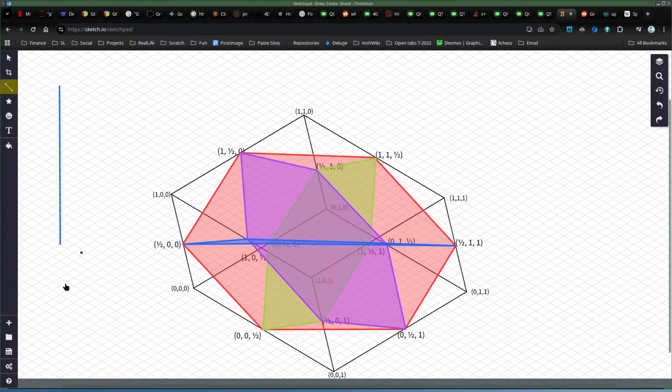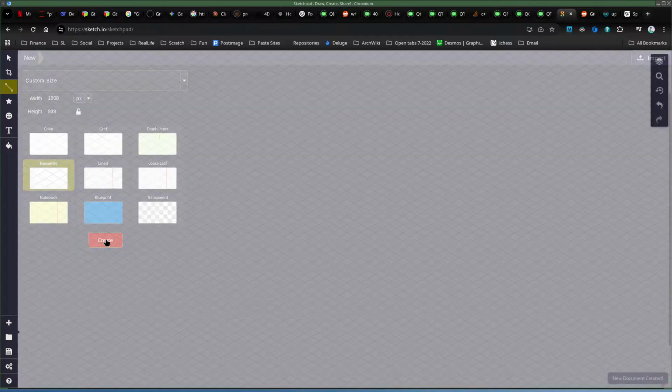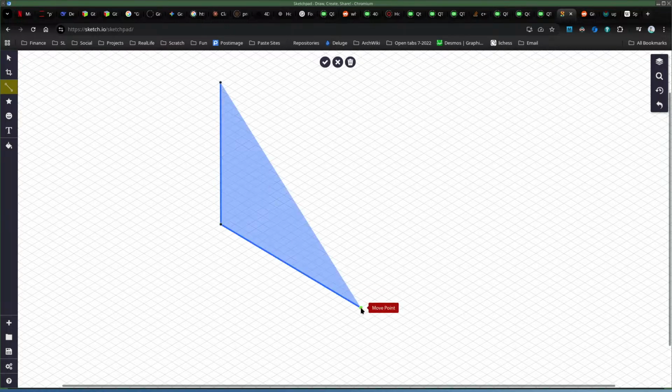Should start over. New. Isometric. So, okay, we have an x coordinate.